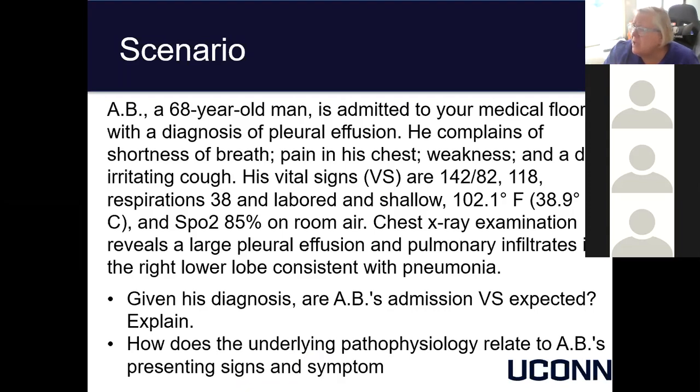His temp is up to 102.1 or 38.9 for your centigrade folks. His O2 sat is 85%. Chest x-ray reveals a large pleural effusion with pulmonary infiltrates in the right lower lobe consistent with pneumonia.